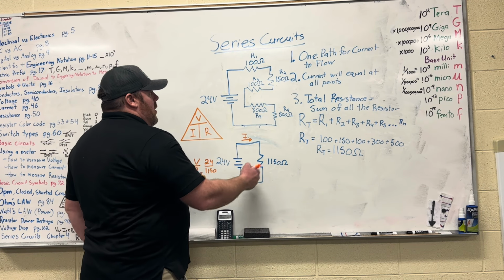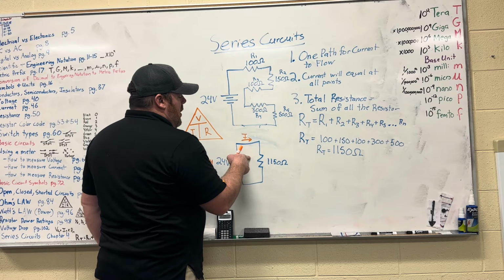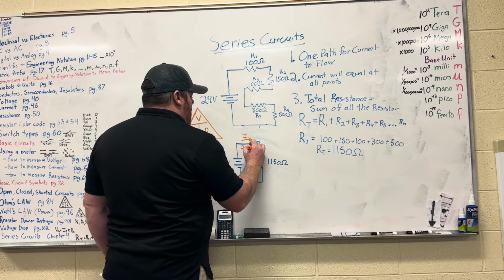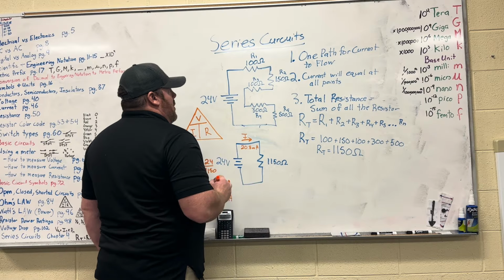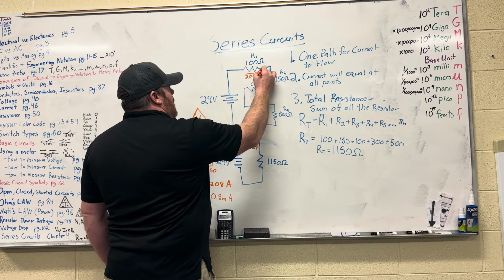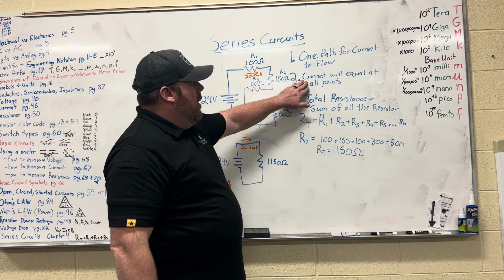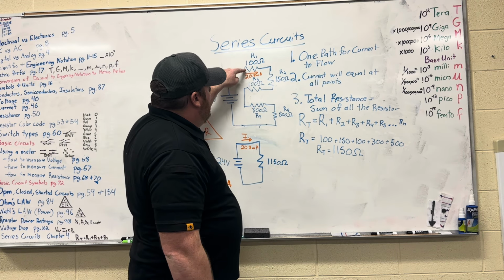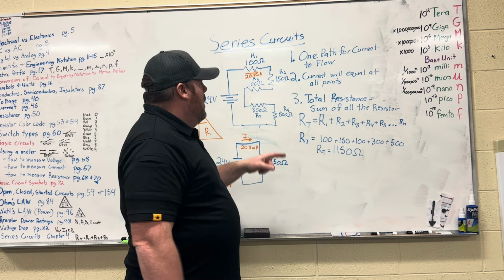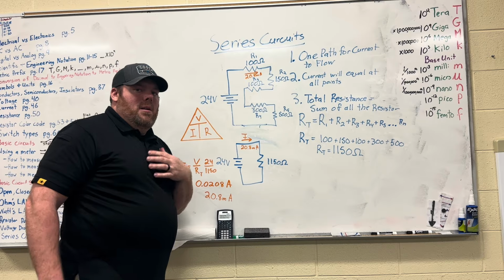So the total current in this circuit, in either one really, the equivalent or the original, is 20.8 milliamps. And we know from the second rule that the current is equal at all points. The current passing through every single resistor in this series circuit is going to be 20.8 milliamps.